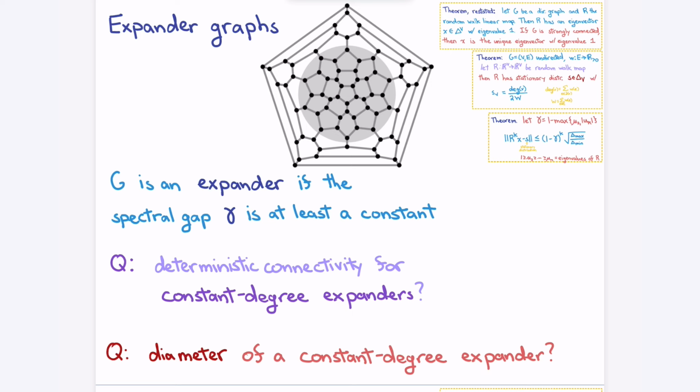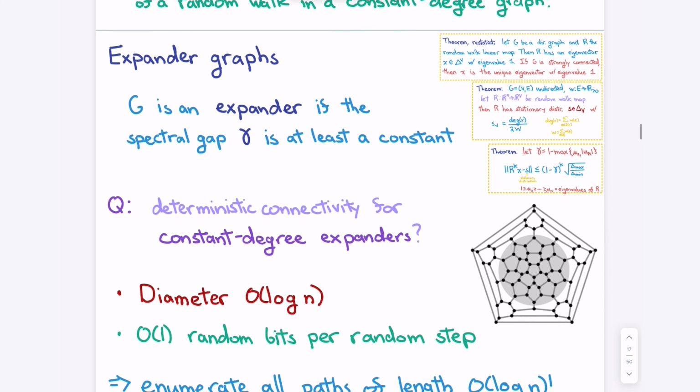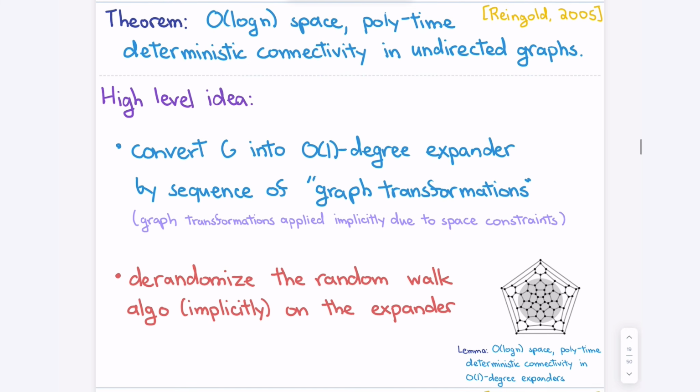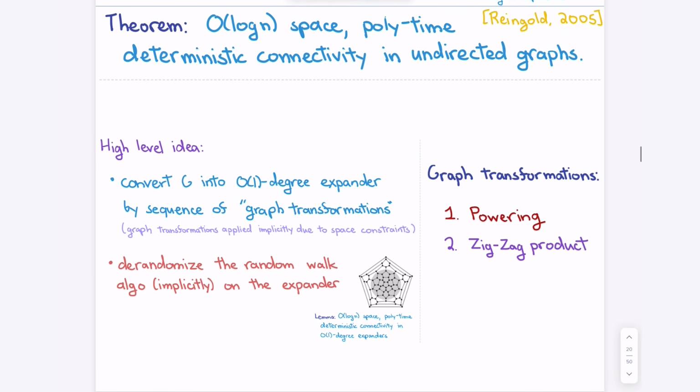So for a constant degree expander, you can actually just enumerate things, and you'll be okay. So that's what we did. And so we're going to try to do something inspired by this approach. The real thing is we're going to try to take the graph and turn it into a constant degree expander. And in the second step, you can just do what we just did.